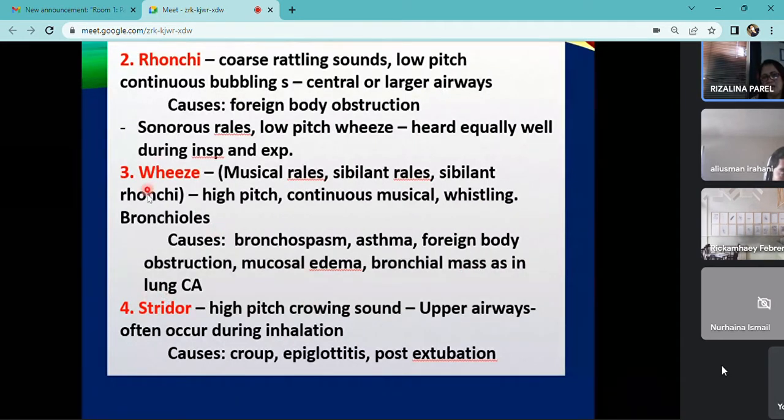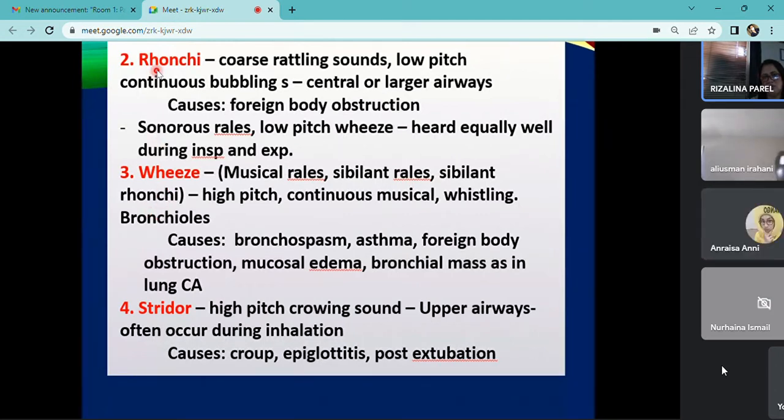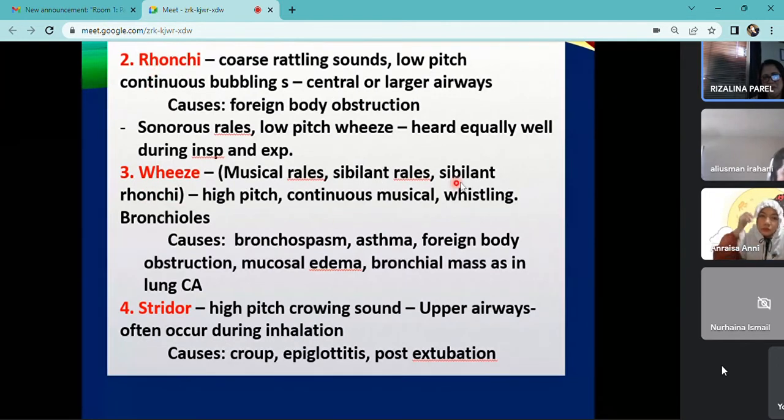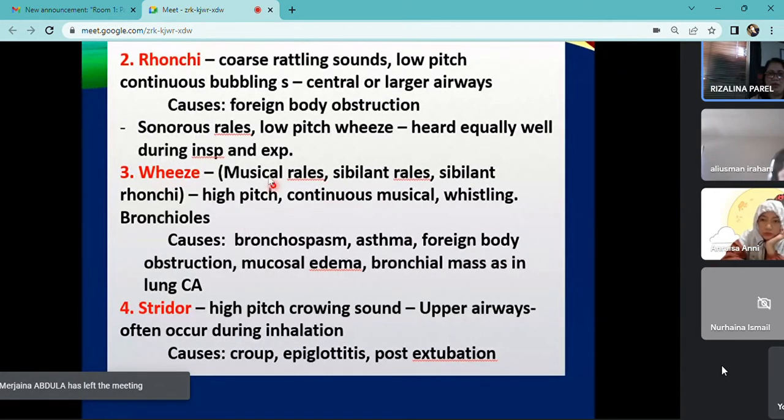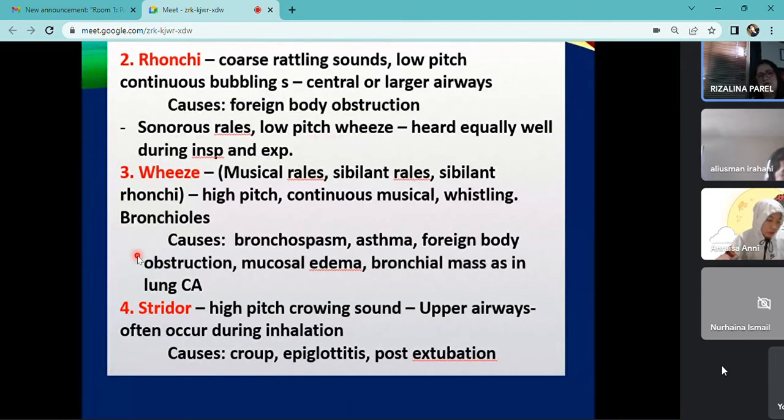So makakarinig tayo ng musical rales, sibilant rales, sibilant bronchi. So yung wheeze, para ring description, detailed ng sibilant bronchi under wheeze. Okay, parang labo-labo na, no? But yan actually yung mga nasa books, yung other terms for bronchi and wheezes.